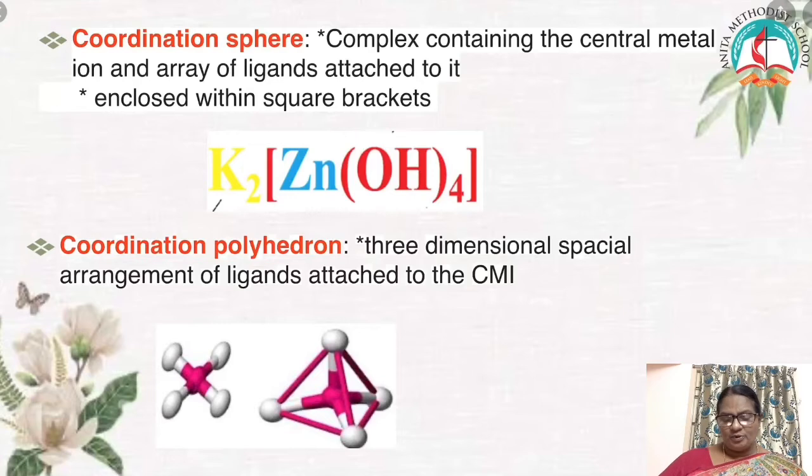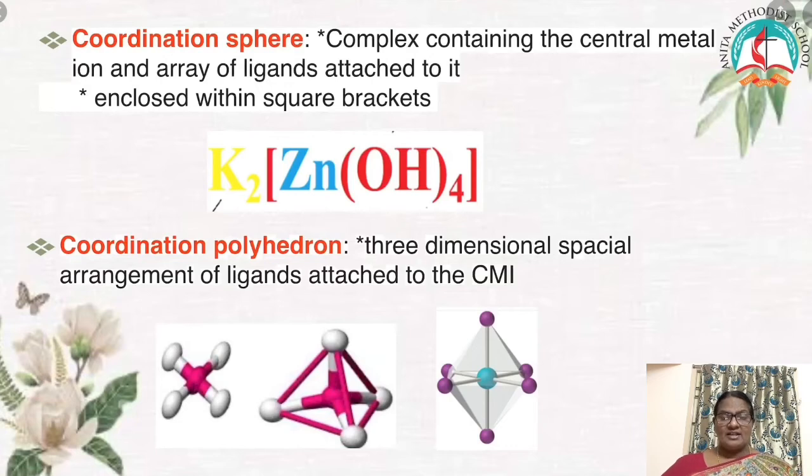Both of them have 4 ligands. This one is square planar. The same 4 ligands are arranged in a tetrahedron here. Let us recall the previous example, K4[Fe(CN)6]. That will be like an octahedron. So the central metal ion and the ligands which decide the shape of the complex are called what? Coordination polyhedron.